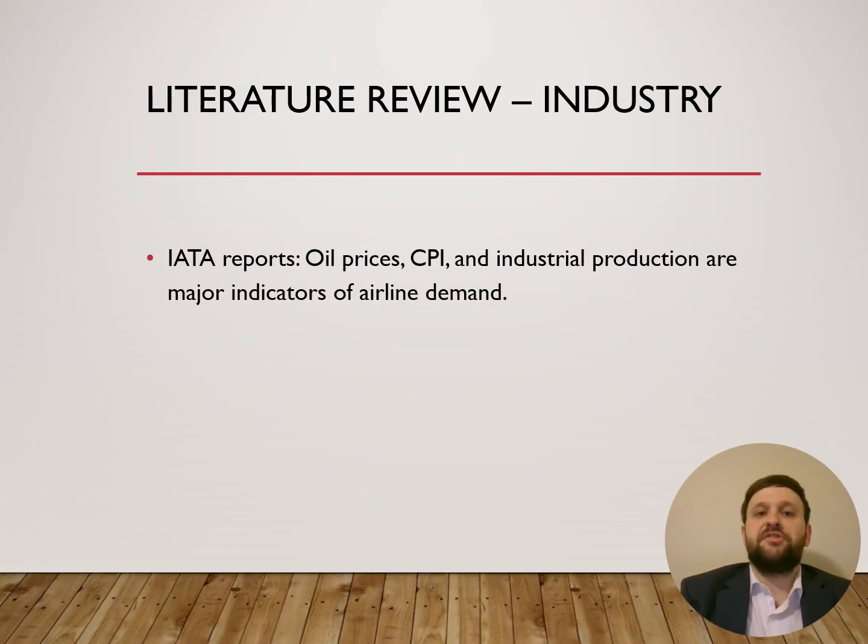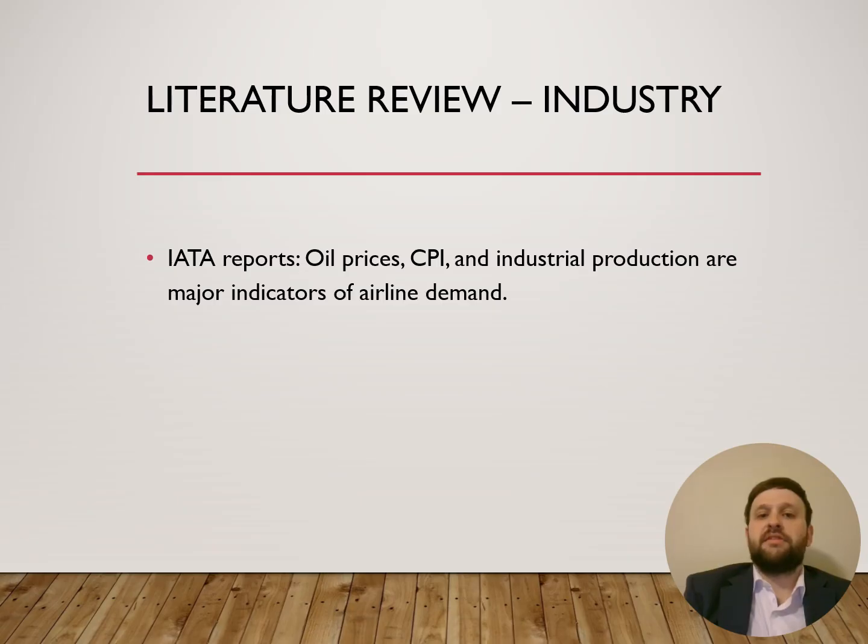In addition to the two academic research papers, I also found an industry research paper from the International Air Transport Association. Their annual economic performance reports summarize the financial health of the airline industry as a whole, and they identify the economic conditions that tend to move air travel up or down.